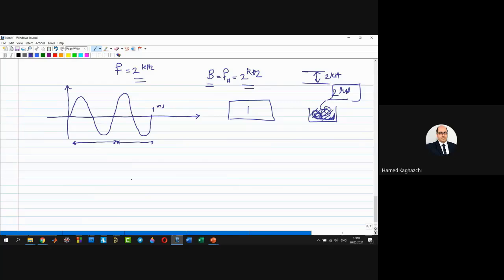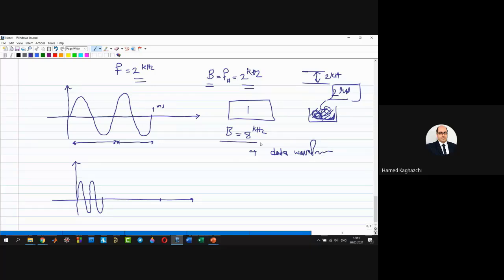Now, if I suppose that the frequency of my signal is 2 kilohertz and my bandwidth is 8 kilohertz, now I can send 4 data signals, data waveforms, in this bandwidth. 1, 2, 3, 4.